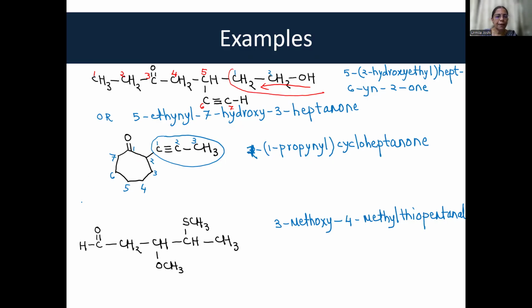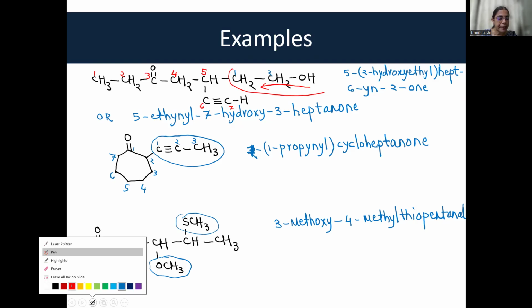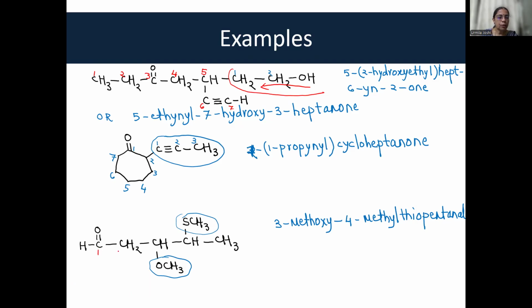Last example of this slide, there is this substituent, there is this substituent, and this becomes parent. The aldehyde becomes parent. Now, since aldehyde is parent, you have to start numbering from aldehyde, 3, 4, and 5. So it is pentanal. Everybody gets this? Now the substituent.